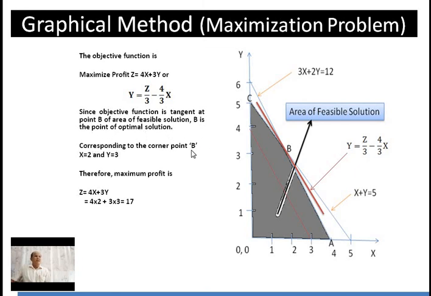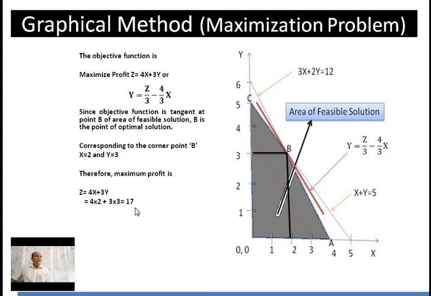Now corresponding to B, we get x is equal to 2 and y is equal to 3. Therefore, after putting the values of x and y in this objective function, we get the maximum profit, that is z is equal to 4x plus 3y, or equal to 4 into 2 plus 3 into 3, so equal to 17.